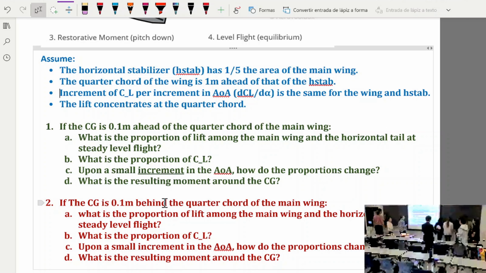Yeah, sure, it's fine. But the first question actually has nothing to do with aerodynamics. The first question is just the basic balance of moments. Yeah, the first question has nothing to do with aerodynamics, so it's just a balance of forces.